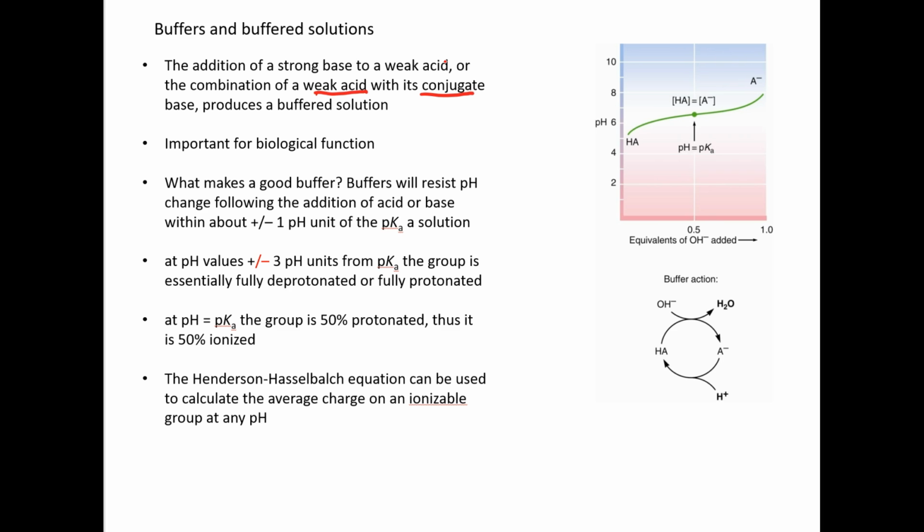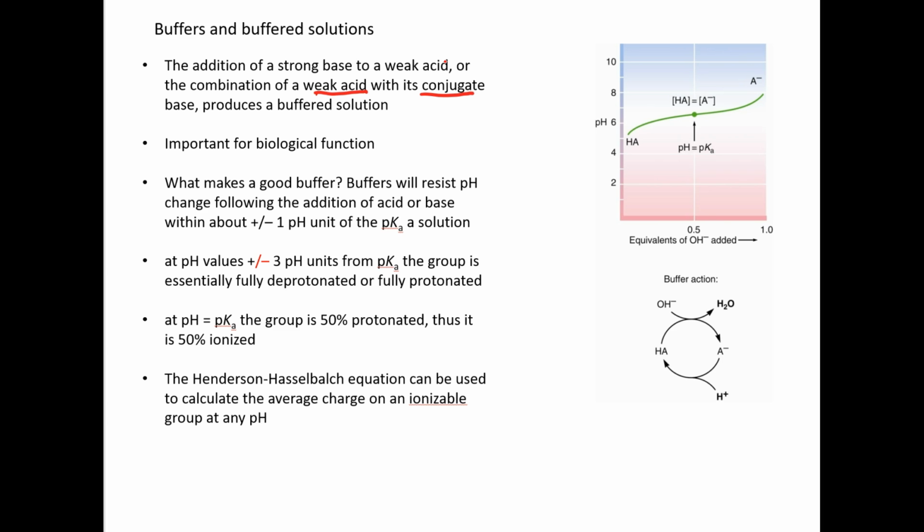And you can make them by combining the weak acid with its conjugate base directly in solution, or you can titrate a strong base onto a weak acid, and at the equivalence point, you'll have a 50-50 ratio of the two. Both of those work, except that you'll have a higher salt concentration in the titration. And sometimes that's not ideal. But both of these produce buffered solutions because in the end, you have a combination of a weak acid and its conjugate.